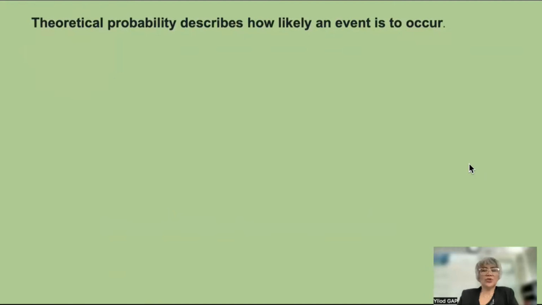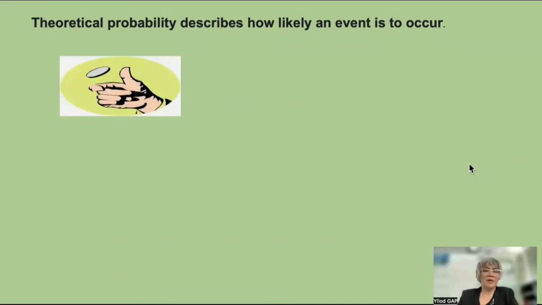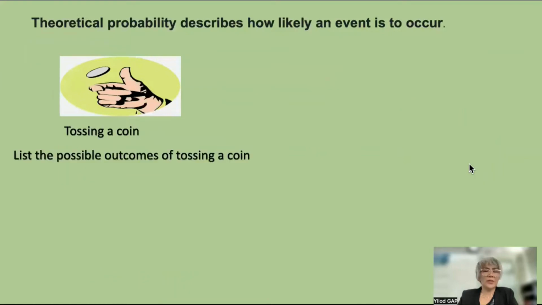So let's go to the basics of theoretical probability first of all. So we're going to consider here just single events. So first one, that's tossing a coin. And what are the possibilities? We have a head and a tail. So if we're going to get the probability of getting a head, it's 1 out of 2 or 1/2.